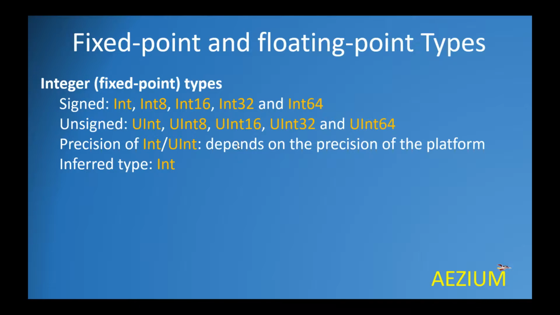For a 32-bit platform, Int and UInt would be the same as Int32 and UInt32 respectively, and in the case of a 64-bit platform, they will be the same as Int64 and UInt64.